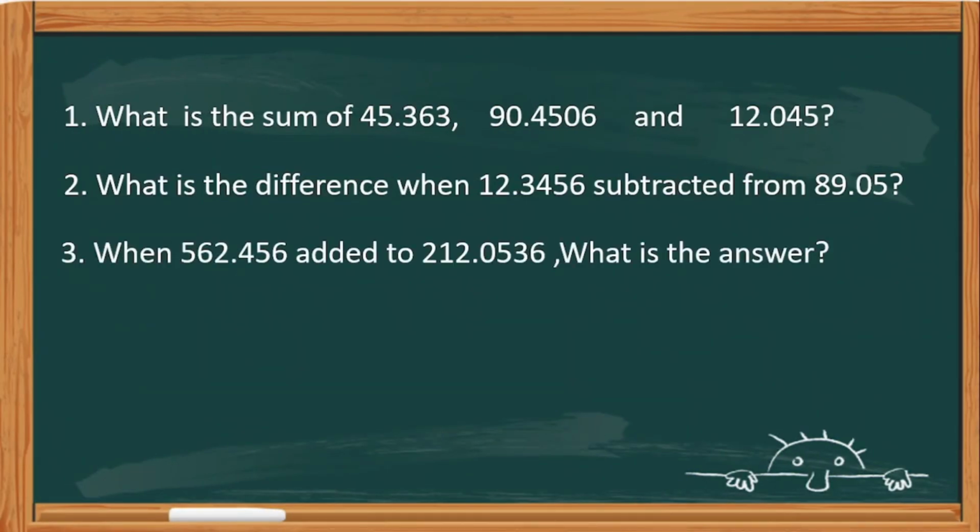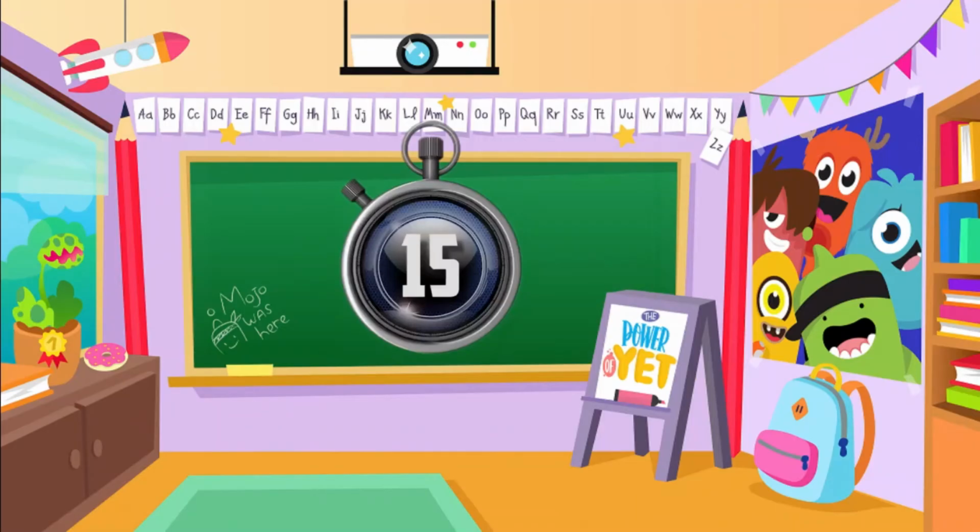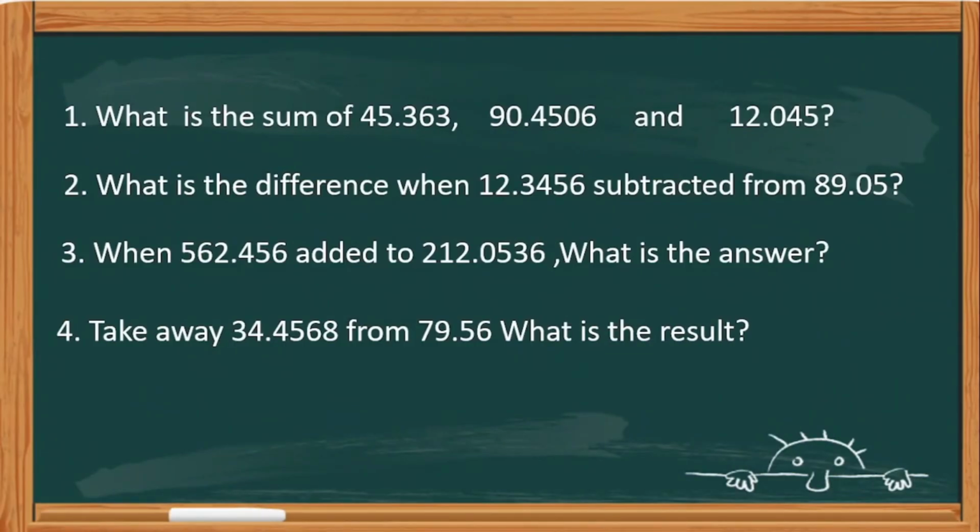With 562.456 added to 212.0536, what is the answer? Number 4. Take away 34.4568 from 79.56.